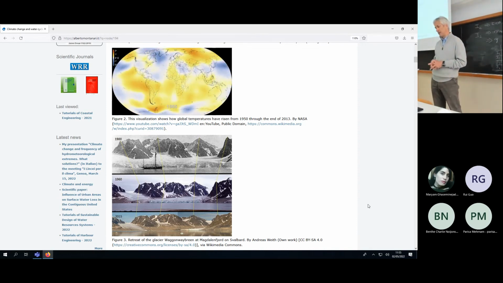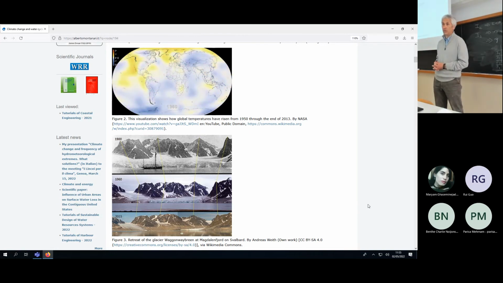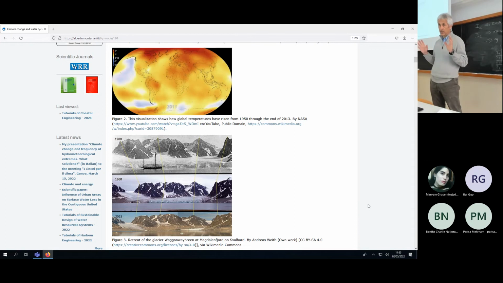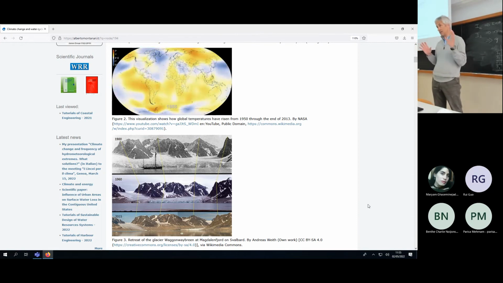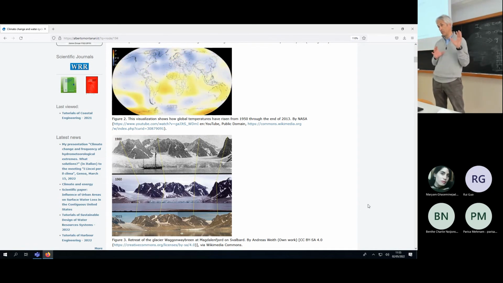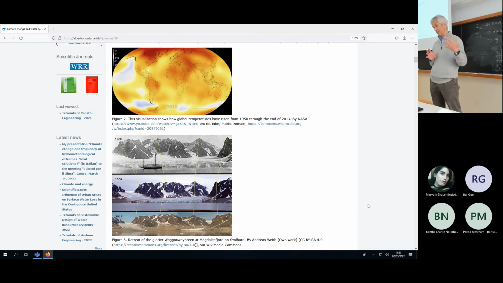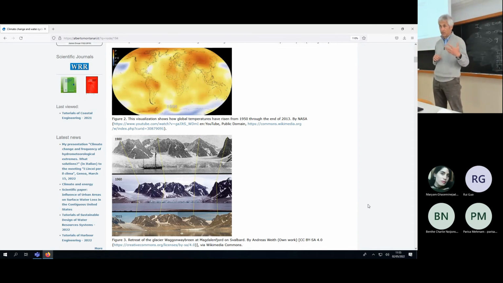And this implies, as we will see, an increase in sea level of about 15 centimeters. Keep the order of magnitude very clear, because this is something that is not clear to people. Some people think that the global warming has been much larger, and the sea level rise has been much larger.